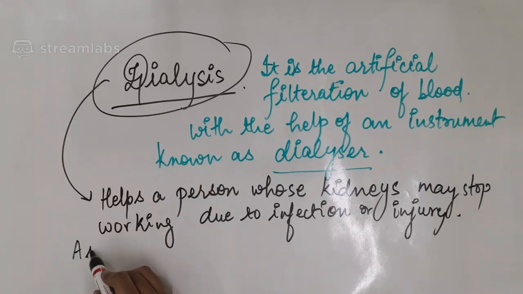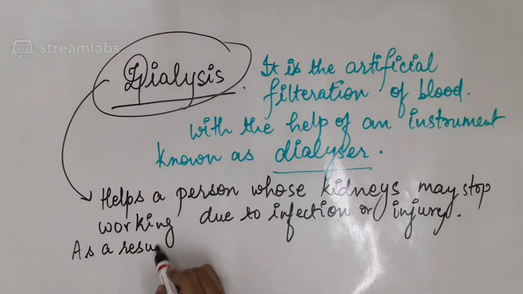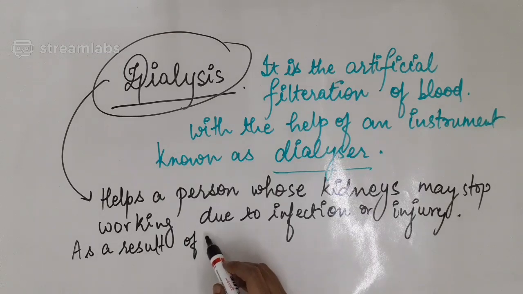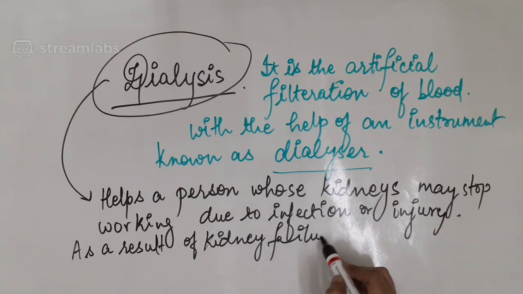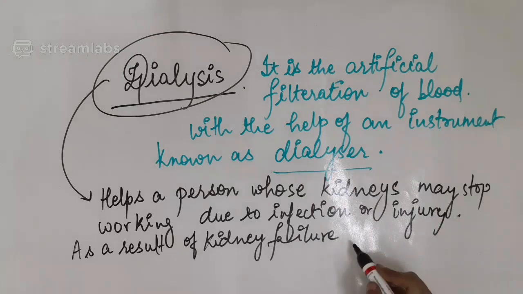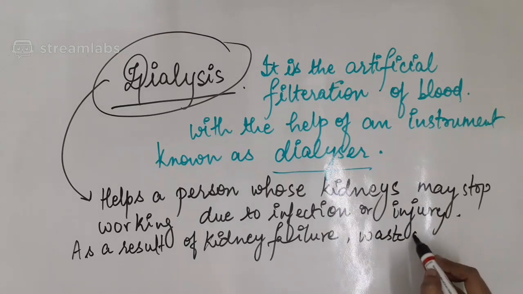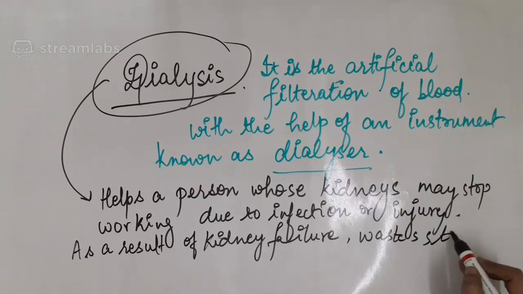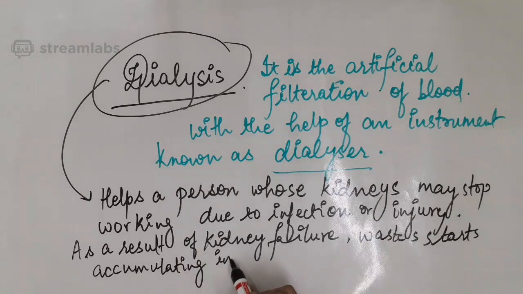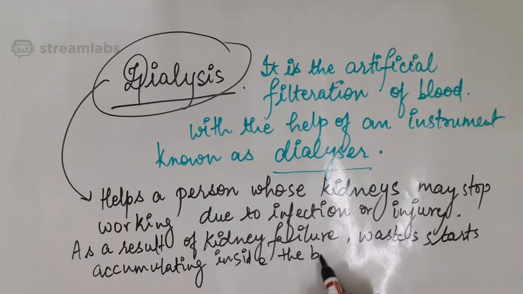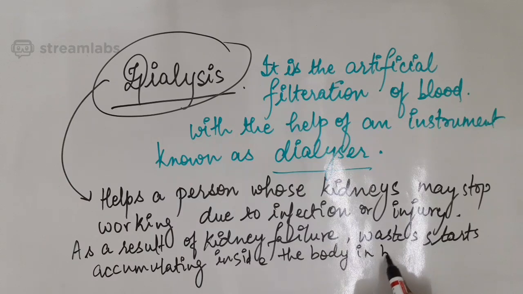Okay, so you can write it like, as a result of kidney failure, waste products start accumulating, accumulating का मतलब जमा होना, inside the body in blood.